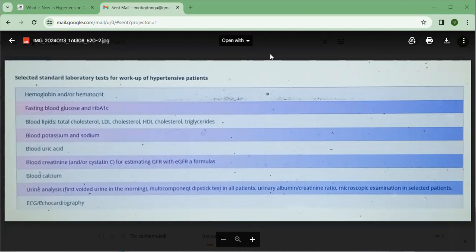Now, the other test which is done on a patient who is hypertensive is fasting blood glucose. The normal fasting blood glucose is 4.9 to 6.9. And if the sugar is increased to more than 6.9, that means the patient is most likely at risk of diabetes, or sometimes even patients who are dehydrated can have excessive glucose in their body.